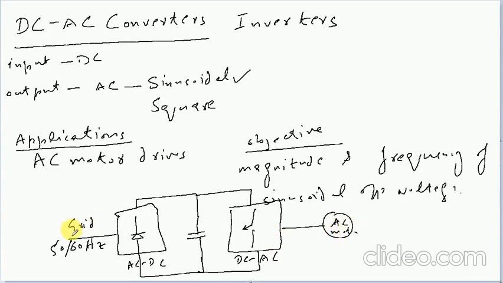So we can see that if we had supplied this voltage directly to this AC motor drive, we could not have had that controlled functionality available to us. We could not have controlled the magnitude of this input voltage. It would have complete dependence on the value being provided by the grid, and in the same way we could not have had the flexibility to control this frequency.